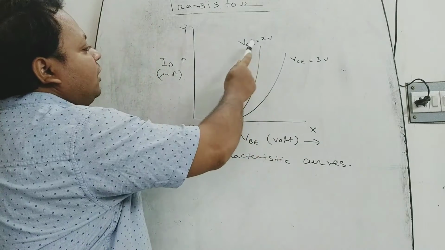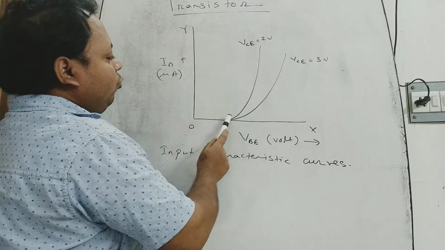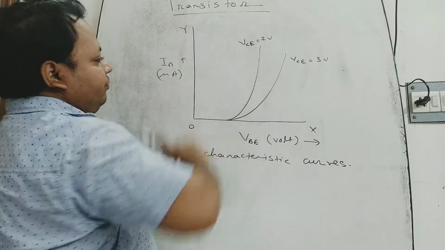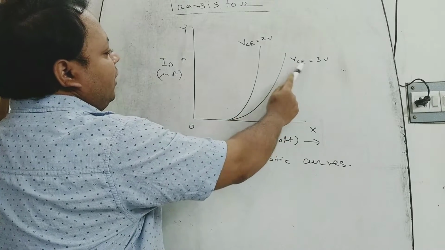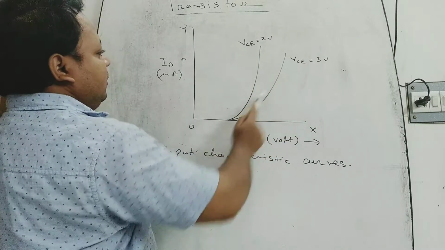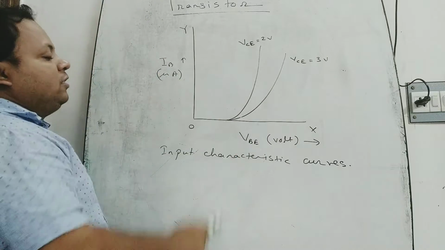When the potential difference between emitter and collector is 2 volt, we get this graph. And for 3 volt potential difference between emitter and collector, we get this graph. This is known as the input characteristics curve.